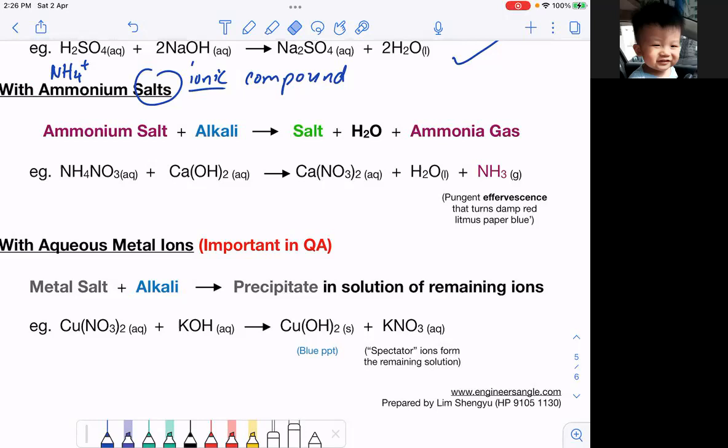No, ammonium something. Ammonium, you can use chloride, bromide, anything. You're happy, anything. Yeah, so don't have to use ammonium nitrate. I happen to use ammonium nitrate, that's all.